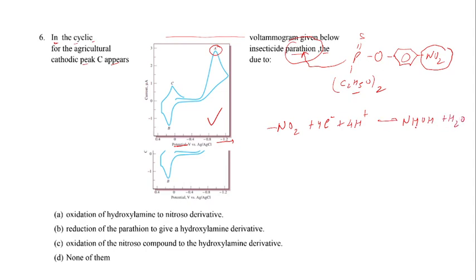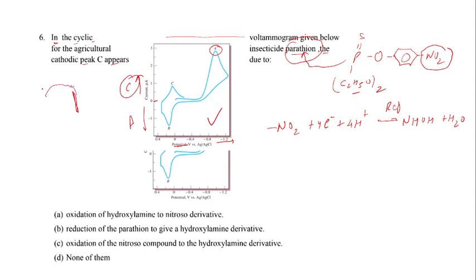So what is happening here is a reduction. Above 0 it is cathodic, and below 0 it is anodic. The cathodic reaction is what happens at the cathode, which is connected to the negative terminal.